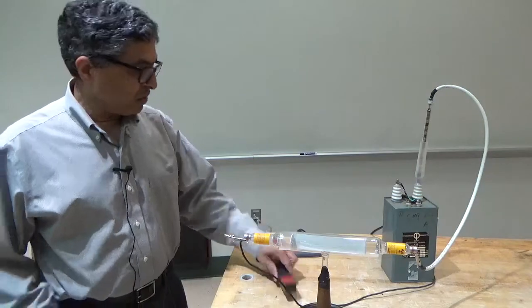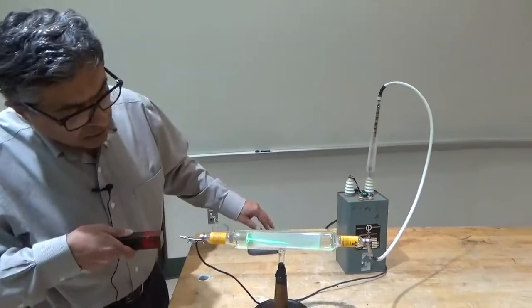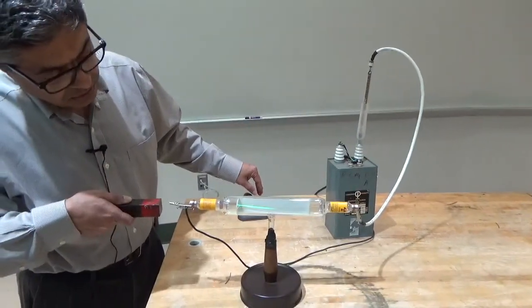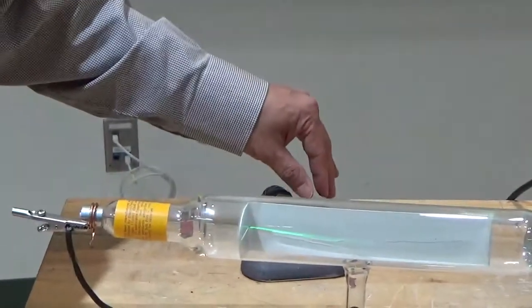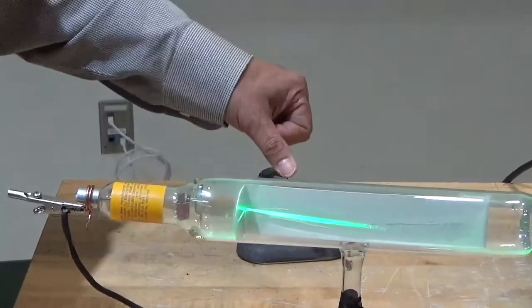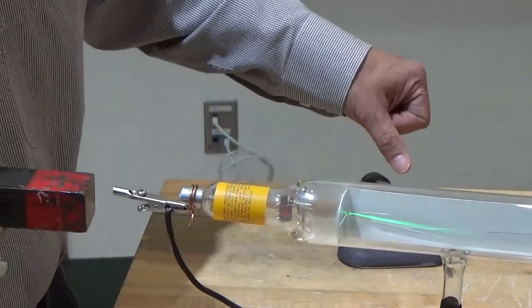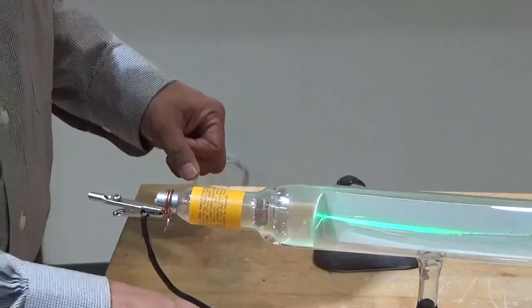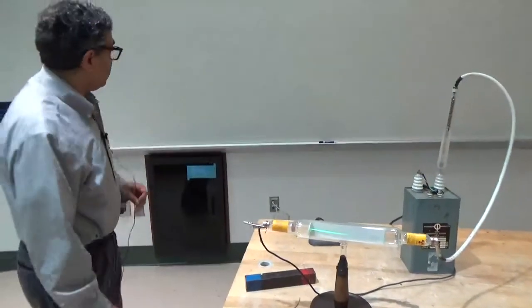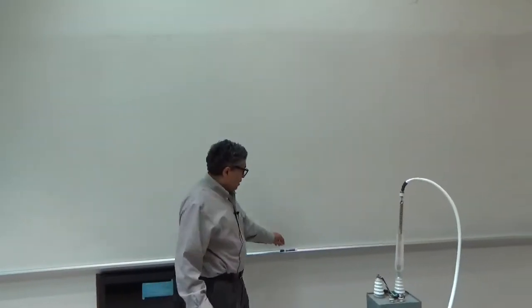If it is in the same direction, for instance, if I put the magnetic field in this direction, there is no change. That's because the direction of the magnetic field is in the same direction as the motion of the charges.